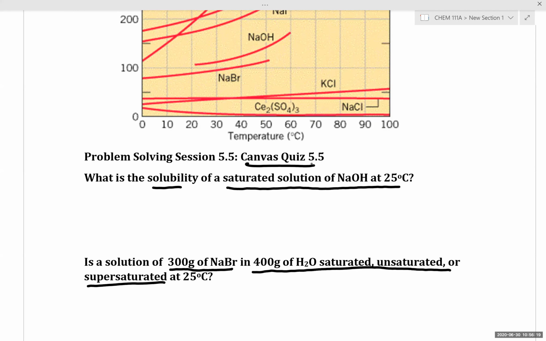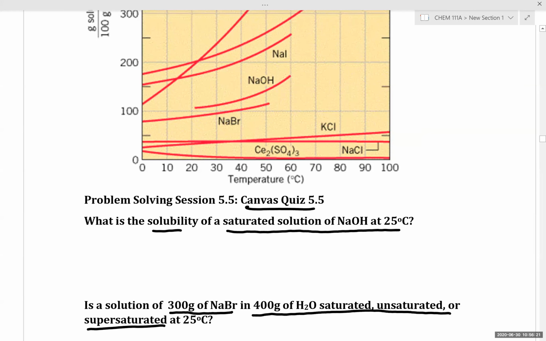So what is the solubility of a saturated solution of sodium hydroxide at 25 degrees Celsius? So we find 25 degrees Celsius and then we trace up on our line. Then we trace across and we see that this is about 110. Depending on the number of tick marks and the precision associated with your y-axis, you may be able to report more sig figs.